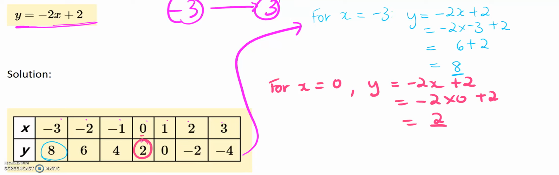And obviously, some of us might have forgotten plotting, but I'm just going to show you very quickly how we plot this, just in case some of us have forgotten. Okay, so if you have a look, our point (-3, 8) means that on our x-axis we go to -3, and on our y-axis we go up to 8. So this is our first point over there.